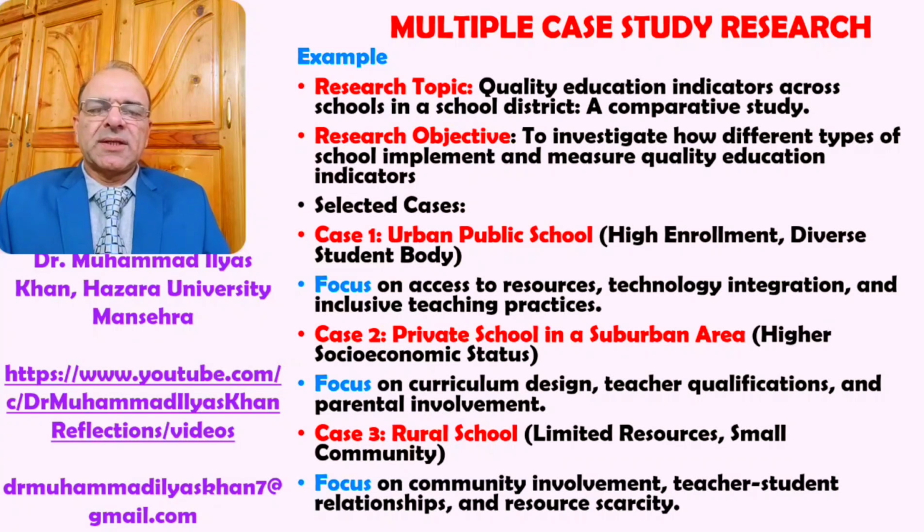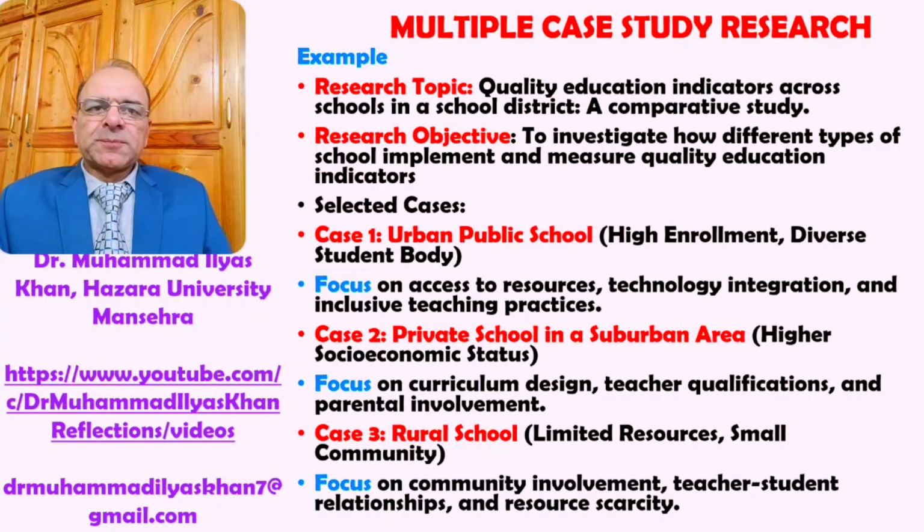For example, they focus on recruiting teachers with higher qualifications and their professional development. And thirdly, parental involvement. Their focus is on the parental involvement in the process of education.